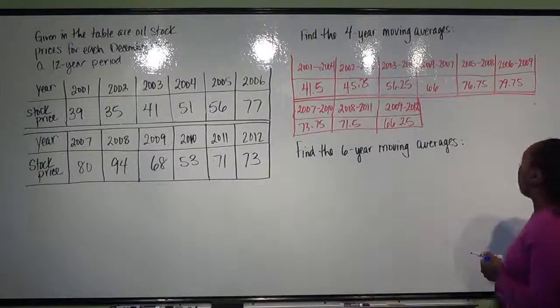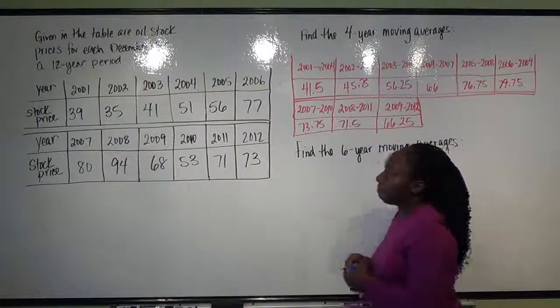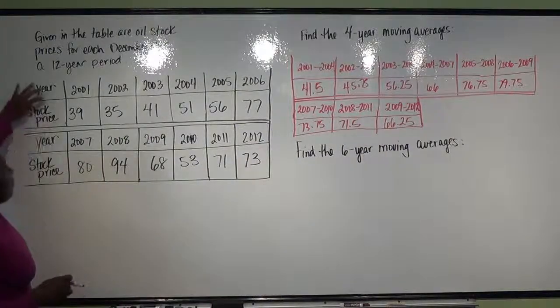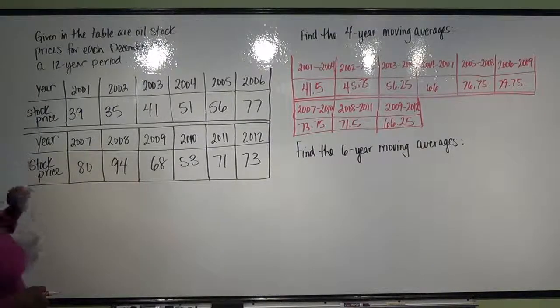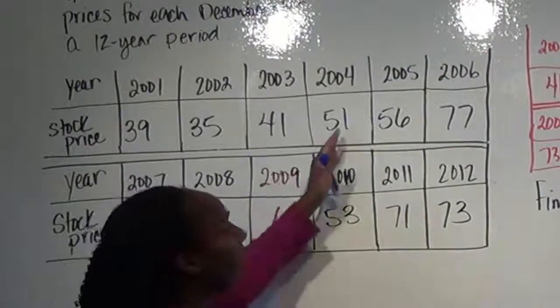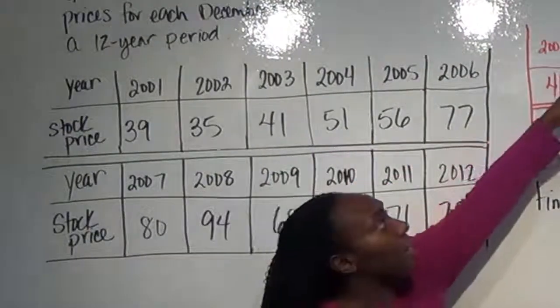In some of your problems, like in WebAssign, they will extend this table. So I'll have the 2 rows, my year and my stock price, and then they'll give you a 3rd row for your moving average. And for each of those, I'm going to put it in at the end value.